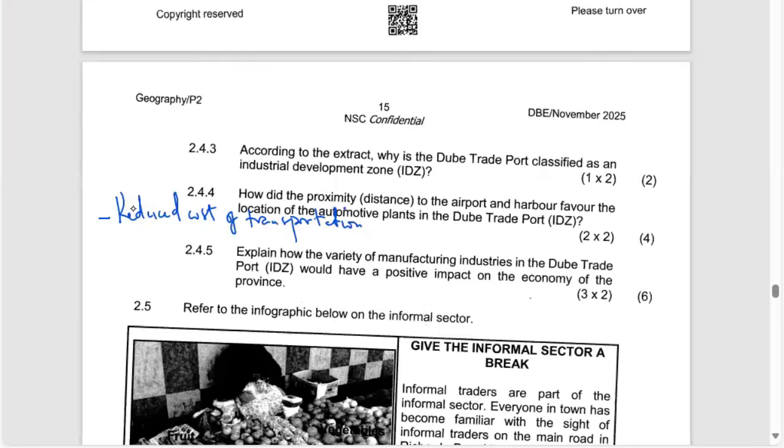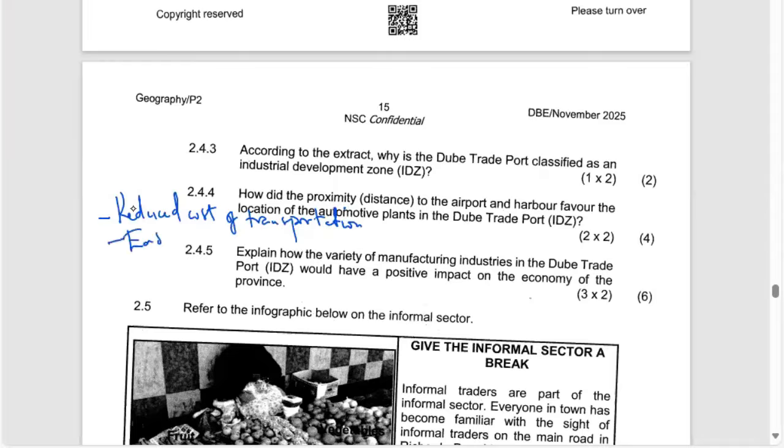Remember, raw materials are transported to the industries, and some of them are imported, and products also need to be exported. So we are saying there is a reduction in the cost of doing business there because we are closely linked to the harbor or the airport.